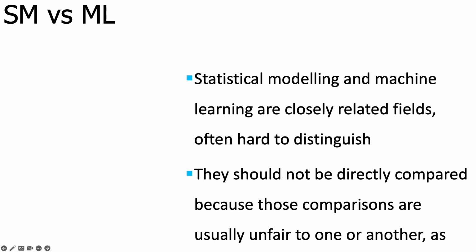Because we often are interested in classification or prediction, both approaches work for that. However, the main point is that they should not be directly compared because they work for different things.